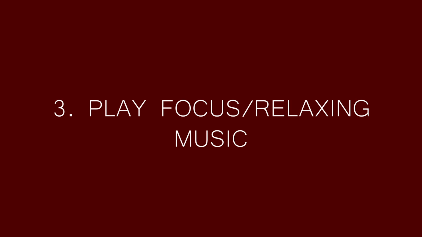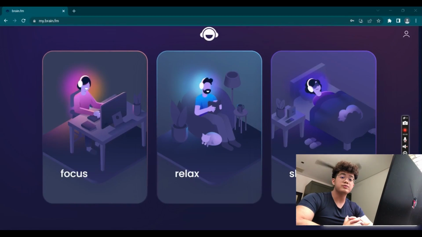Now, my third tip for removing distraction is to play some focus or relaxing music. For example, one of the more useful tools which I have found that helps me focus is called Brain FM, where you can choose between focus, relax, and sleep.